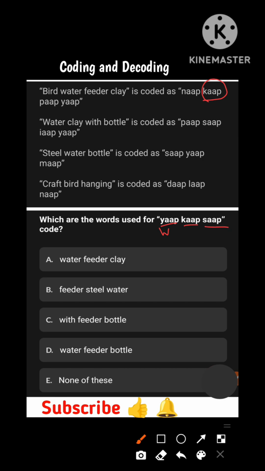Next one we see SAP. SAP is common here and here. So the common word in both is bottle. So this is bottle. CAP is a single term that we don't see in any other statements. So the single word never seen in other statements is feeder. So CAP is nothing but feeder. Water, feeder and bottle is the answer. So option D, water, feeder and bottle is our answer.